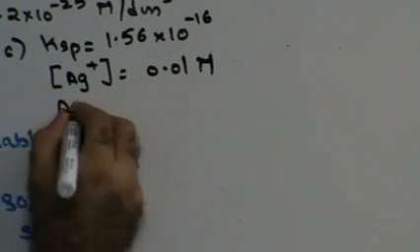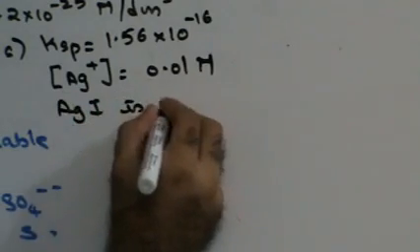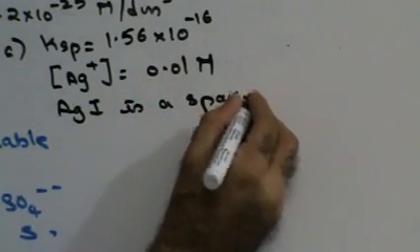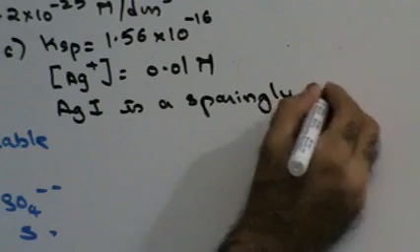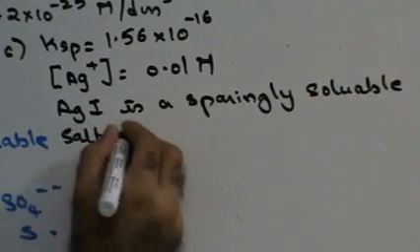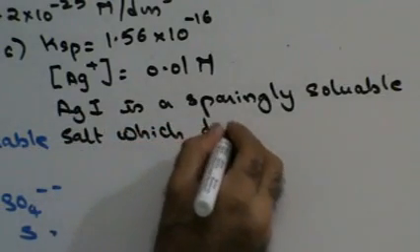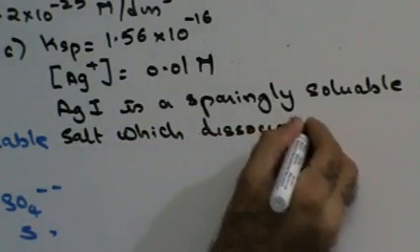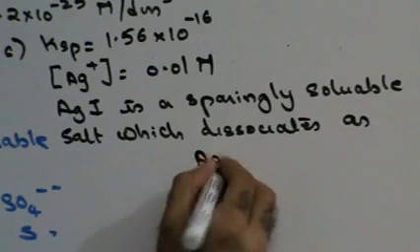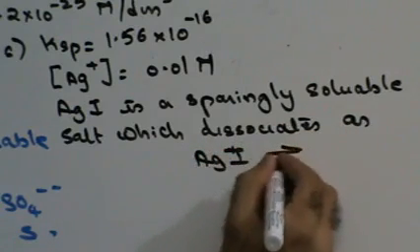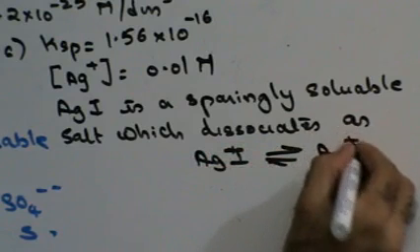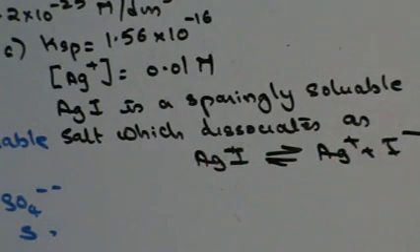Same thing like the previous sum. Silver iodide is a sparingly soluble salt which dissociates as AgI will dissociate reversibly to give you Ag plus plus I minus, right?